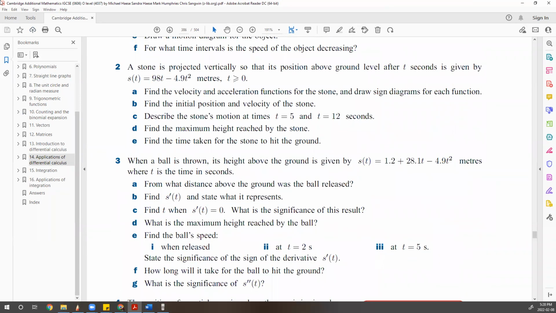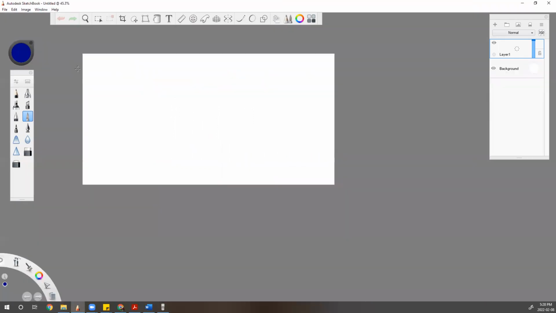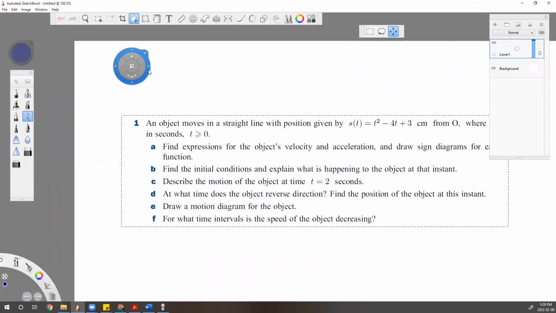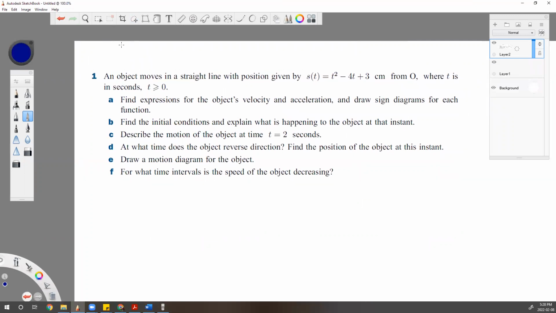You have so many questions to be answered, but as long as you know the logic behind kinematics, it's very simple. The idea is only the first derivative of s, the displacement, equals velocity. The derivative of velocity will become acceleration. Let's do s given by s(t) equals t squared minus 4t plus 3, from the origin.